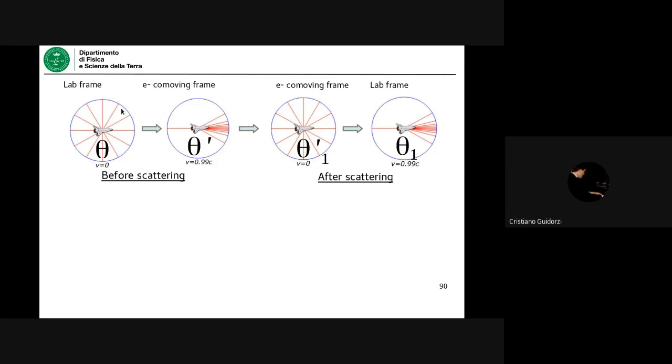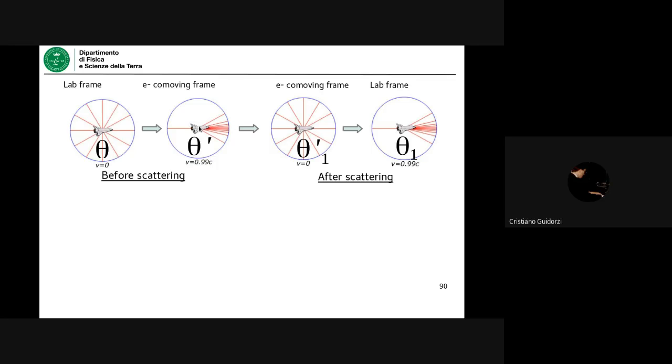When you consider the very same situation now in the comoving frame, because of, you remember, relativistic aberration of light, or equivalently relativistic beaming, you see that all these photons, as seen from the point of view of the electron, are coming through within a cone whose semi-aperture angle is 1/gamma, most of them.